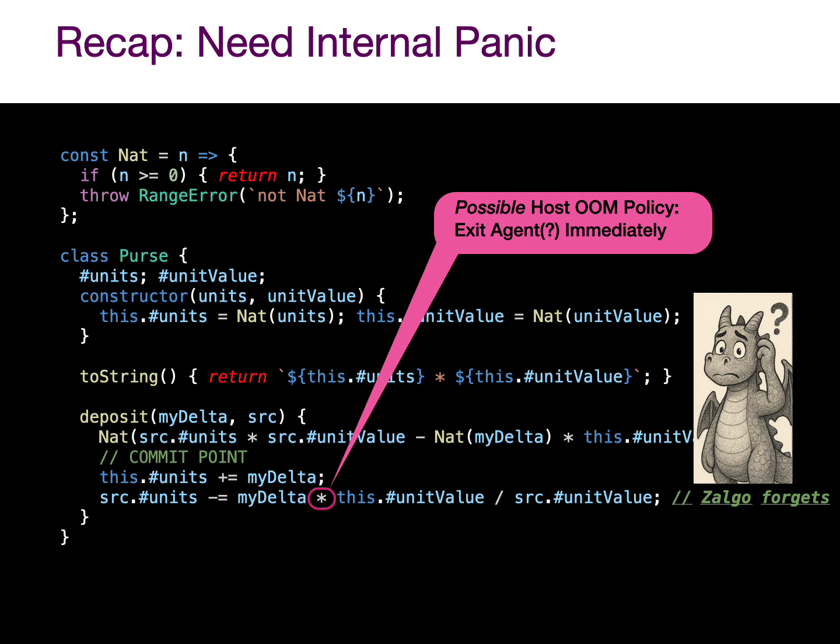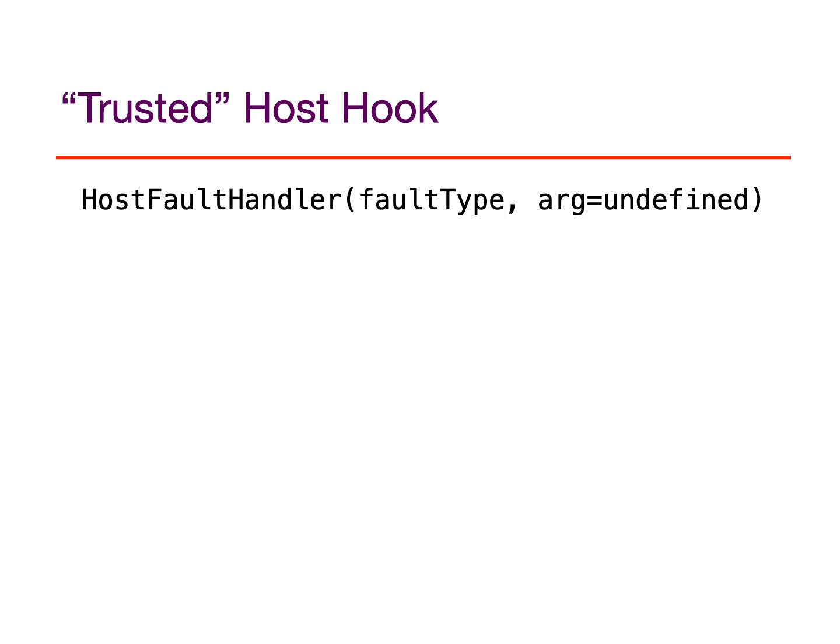So instead of proposing that it be a part of the JavaScript spec that we immediately terminate, we're instead proposing that the policy decision is delegated to a host hook.